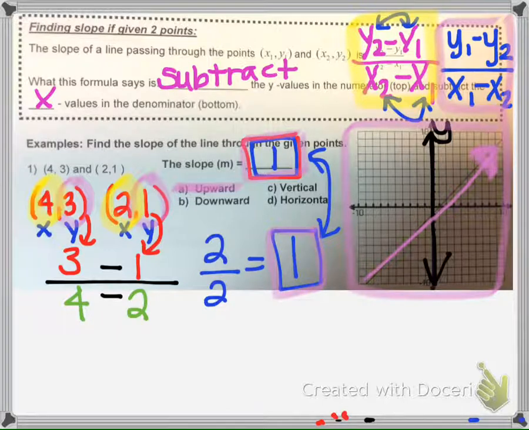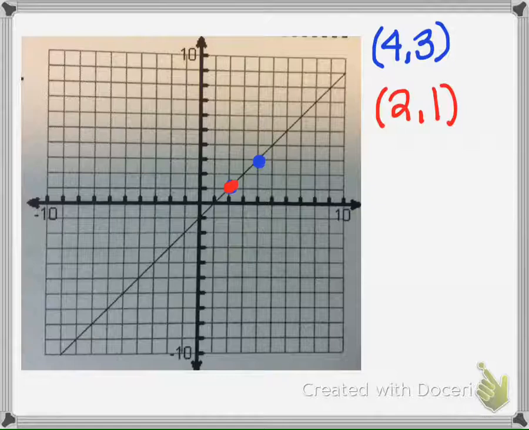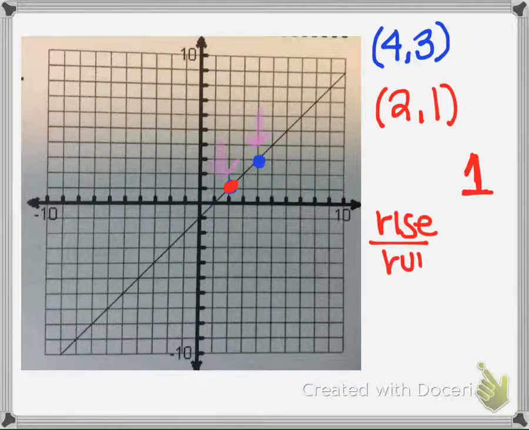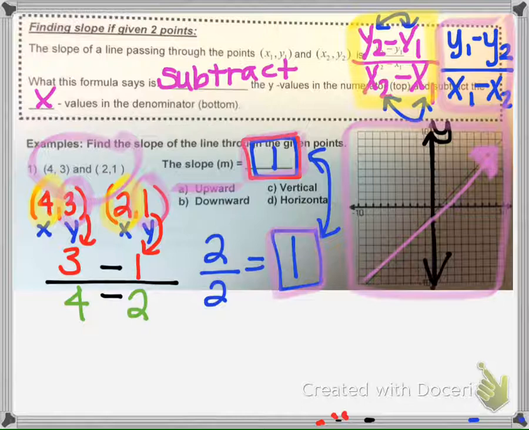So let me make sure it's very clear what we just found out. So we just took these 2 points right here. Okay, so notice I have them graphed here and here. And what we just found was we found that the slope was 1. Well, in the previous part of this lesson, we talked about rise over run. So let's check and see if we do get 1. So we just figured out that the slope was 1 without looking at a graph.